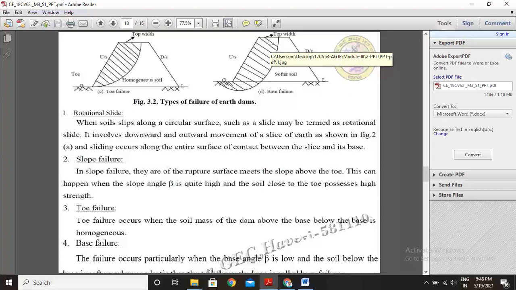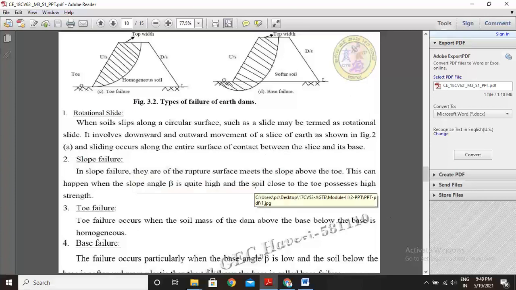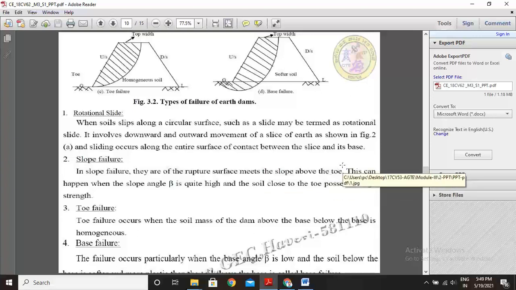Let us see explanations about each slide, how slopes fail. Rotational slide means when soil slips along a circular surface, such a slide may be termed a rotational slide. It involves downward and outward movement of a slice of earth as shown in figure 2a.